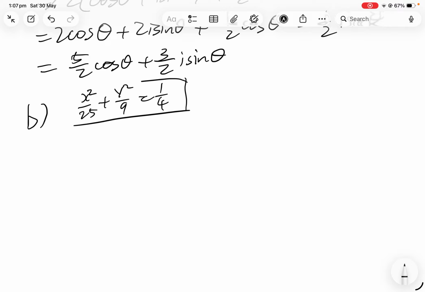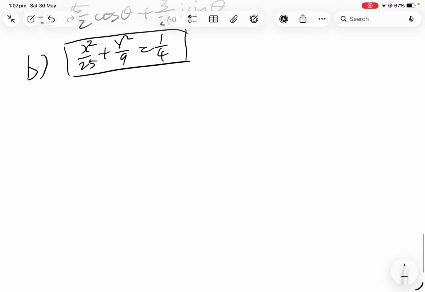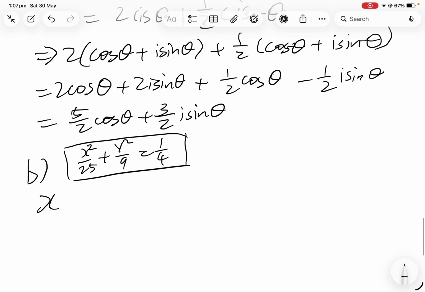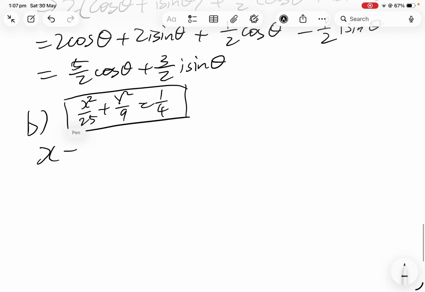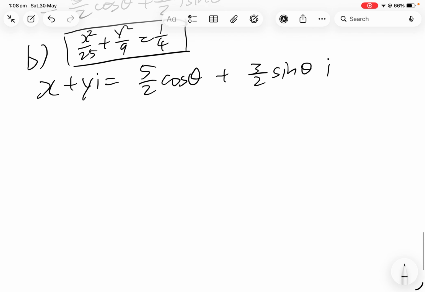That's what we want to prove, right? So it's not part about working out. We want to relate it to x and y, right? x plus yi should equal 5/2 cos theta plus 3/2 sin theta i, because we're separating into imaginary and non-imaginary parts.